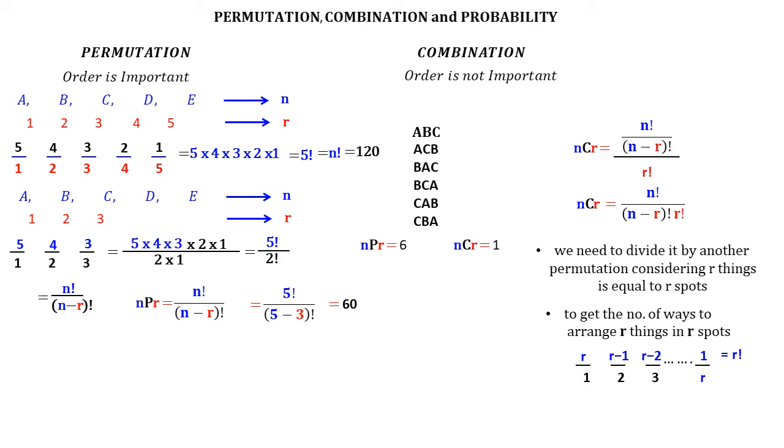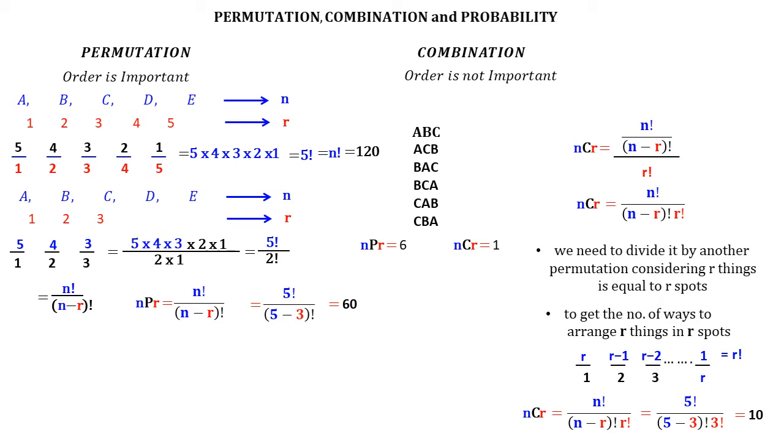And let's try to solve this problem using combination. So, n factorial divided by (n less r) factorial, and then substitute natin. We have 5 for n and 3 for r. That will give us 10.